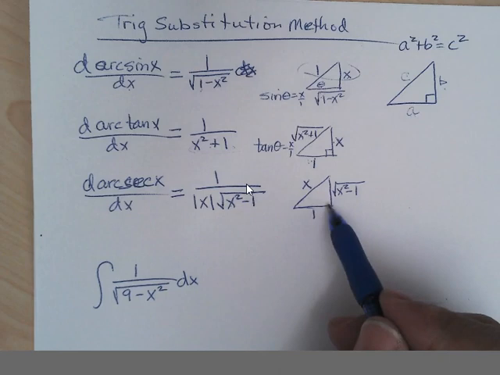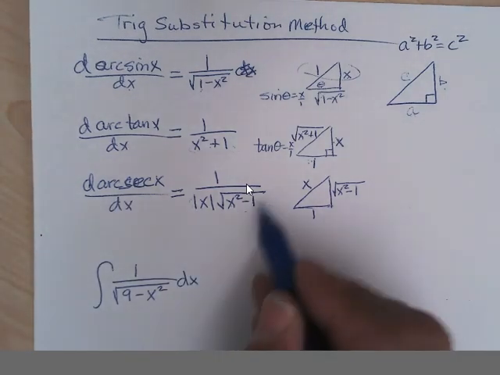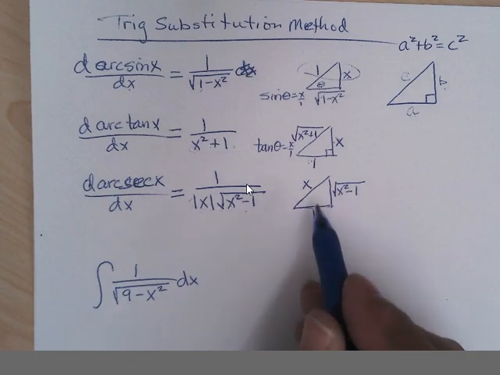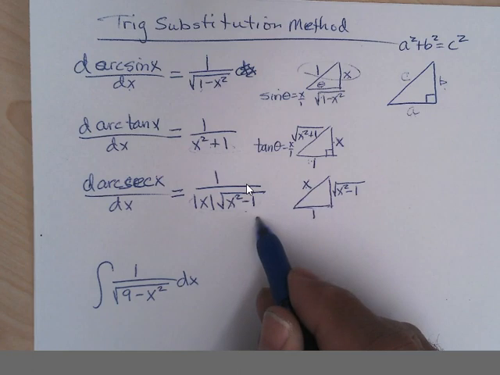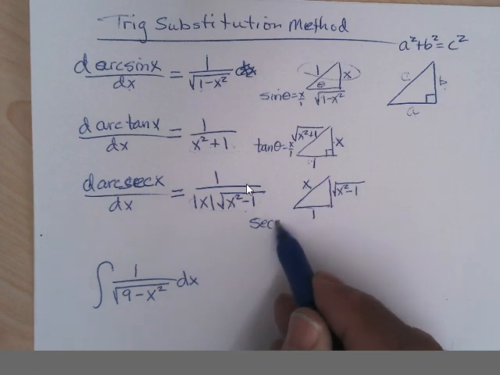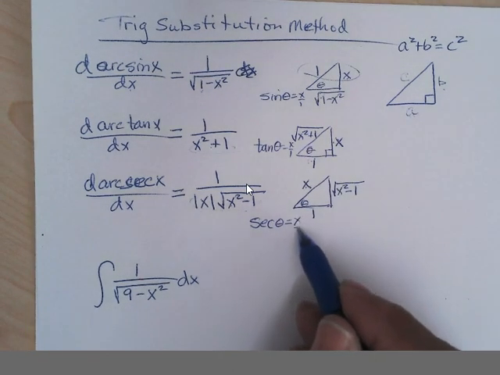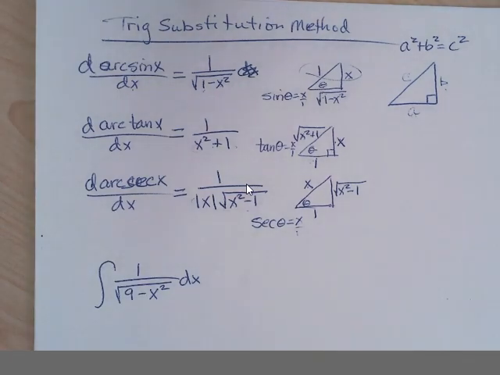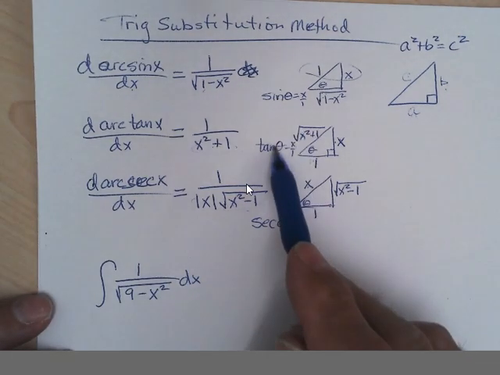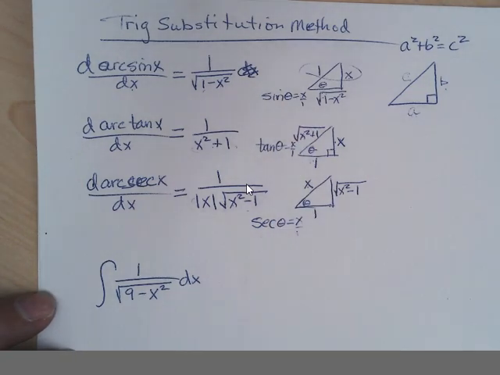If I was trying to do something that looked like this, my substitution would not be 1 over x cosine; x over 1 is the reciprocal of cosine, so secant of theta would be x over 1. So that's the general idea of how to choose whether you're doing sine of theta, or tangent of theta, or secant of theta is something.